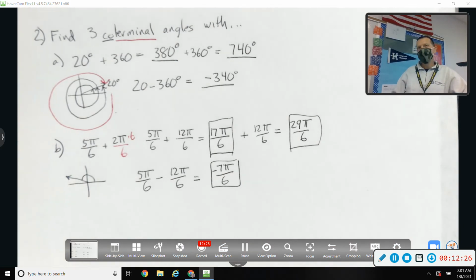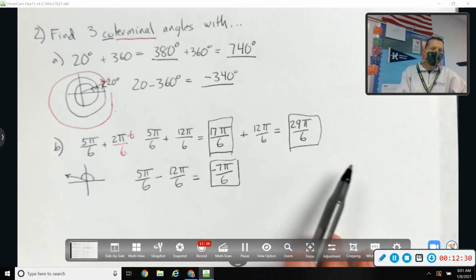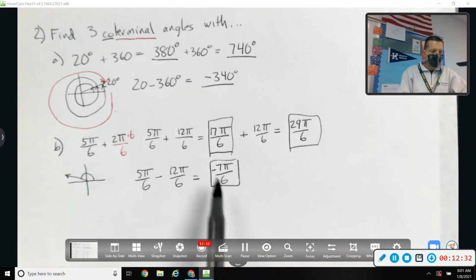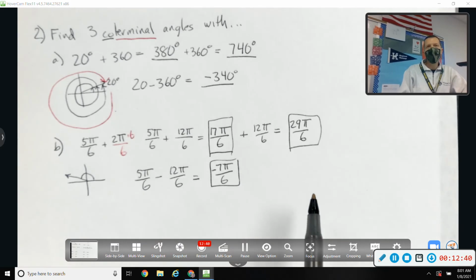Again, there's an infinite number of answers. You could add 3 times, you could subtract 3 times. I suppose you could add 2 pi 4, 5, and 6 times and get your 3 answers that way. Nobody would do that. But there's an infinite number of answers.